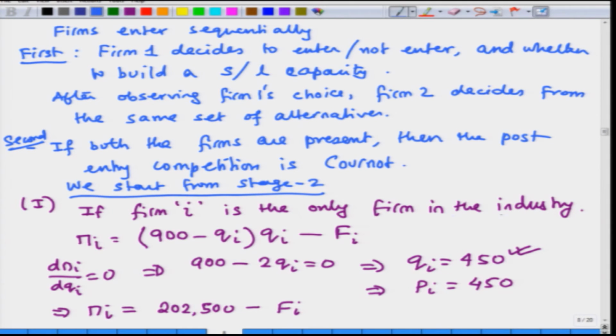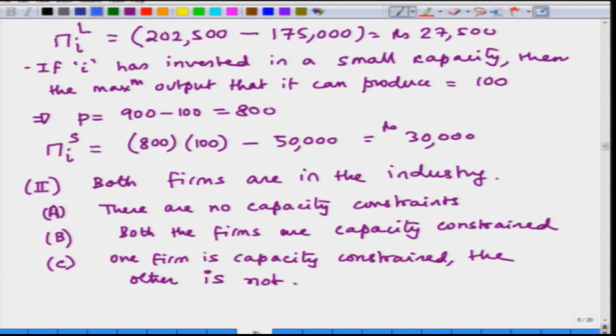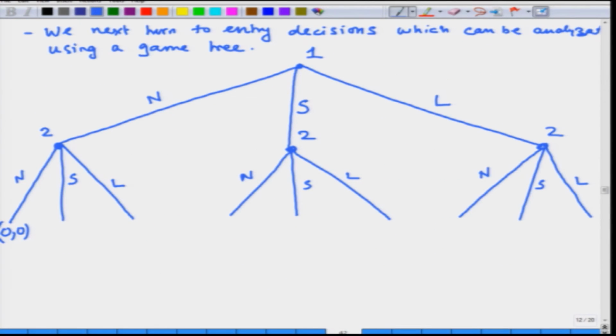So, if firm 2 is the only firm in the market and it decided to invest in a small capacity, then its profit would be 30,000, right. So, let us divide it by 1000 and say that the profit is normalized to 30. So, firm 1's profit is going to be 0 because it does not enter, firm 2's profit is 30,000 which we will just write as 30.